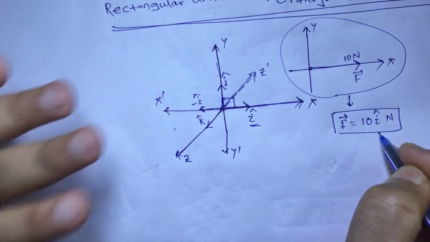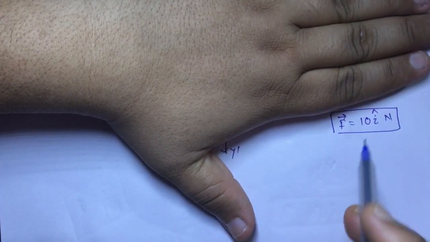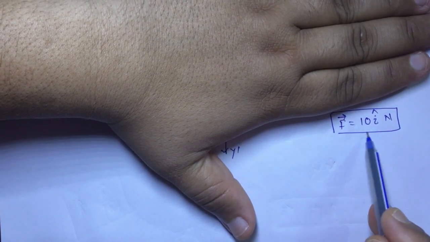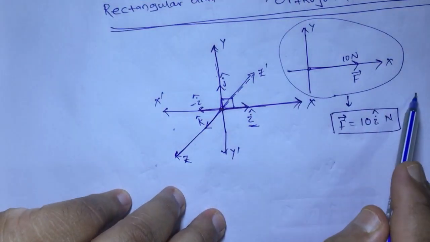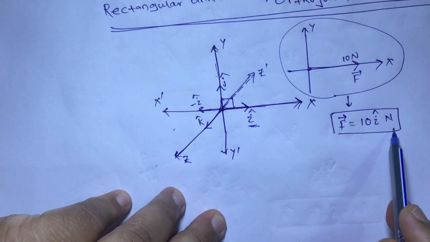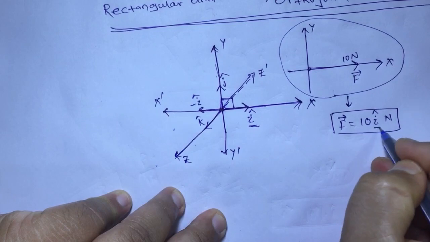If I simply write this without drawing the diagram, one will surely understand that this is a force vector along the x axis having a magnitude of 10 Newton. How to know it is along the x axis? Because I cap is there.